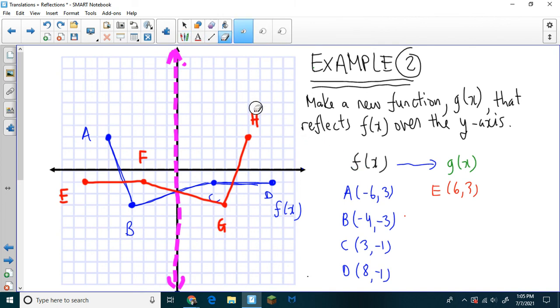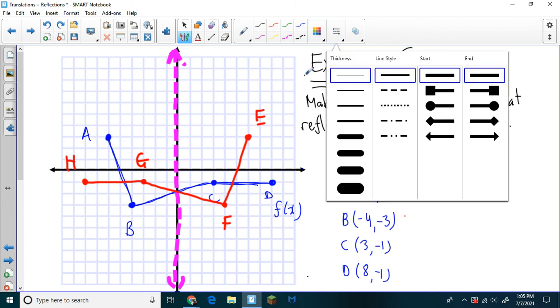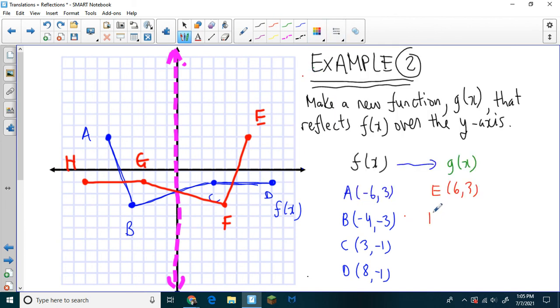Oh, wait, 1 second. Sorry. Let me just change these. So this is going to be E, F, G, and H. All right? F is going to be 4 and negative 3.